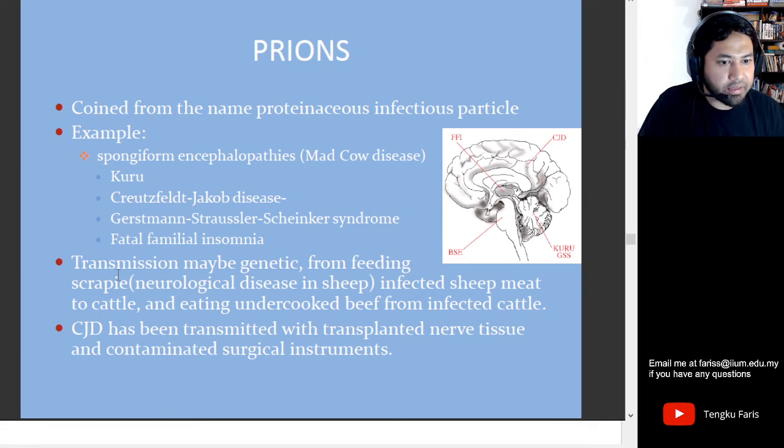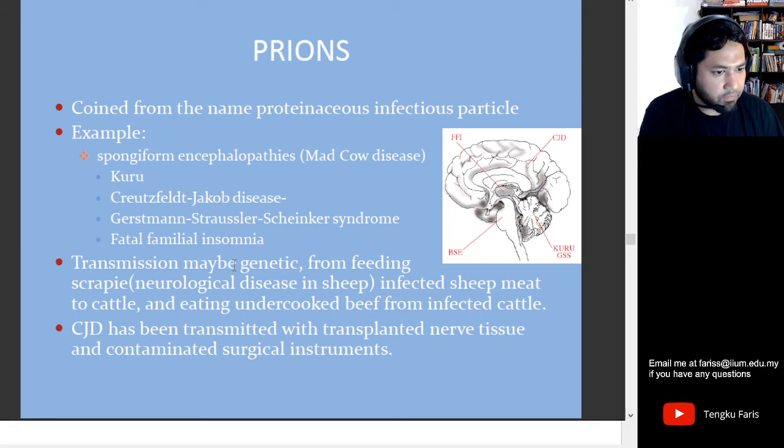Okay, and the transmission can be genetic, meaning it can be inherited from the parents to the offspring, or from feeding scrapie, or from eating animal products in which these prion proteins are already present, this infected meat, or infected cow's meat.